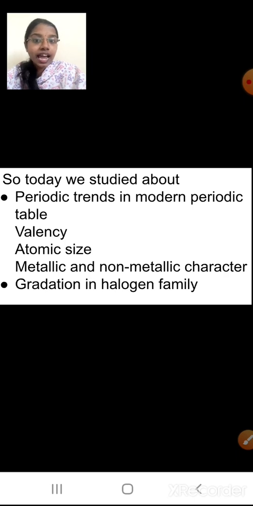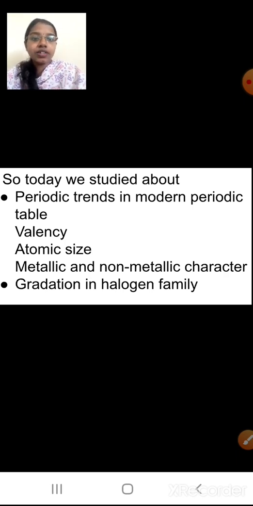Okay students, it is also called electropositivity and electronegativity. Then we studied how elements with different electronegativity and electropositivity change from left to right and down the group. Yes, we have seen both.